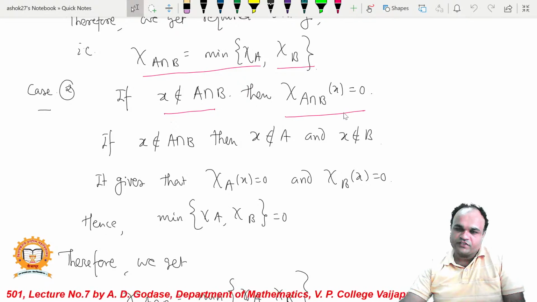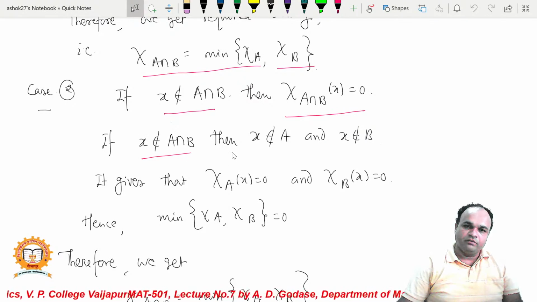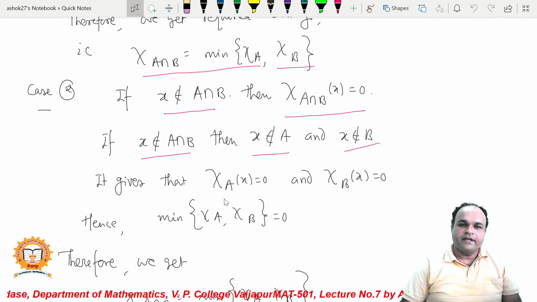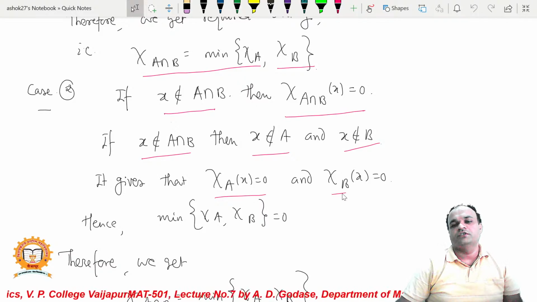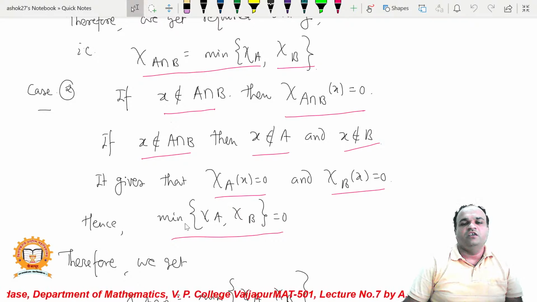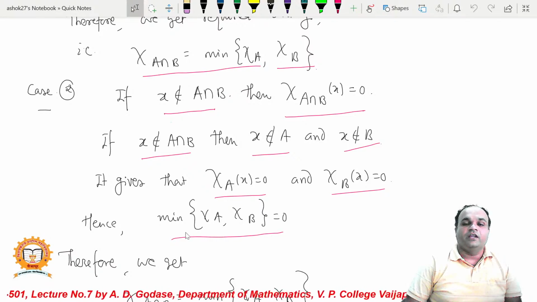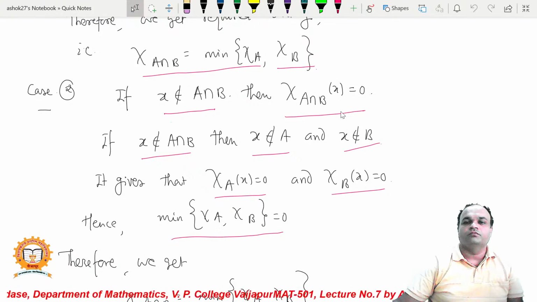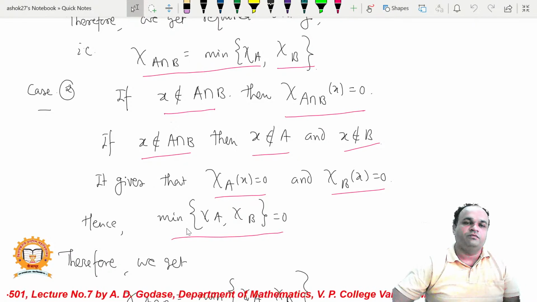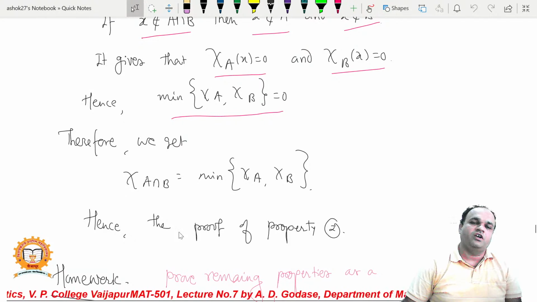If X is not an element of A intersection B, obviously that will imply X is not an element of A or X is not an element of B. So it gives that chi of A will be 0 and chi of B also 0, and therefore their minimum value will be 0. Already you get chi of A intersection B is 0 and therefore you will get equality. That is, chi of A intersection B will be minimum of chi of A and chi of B.